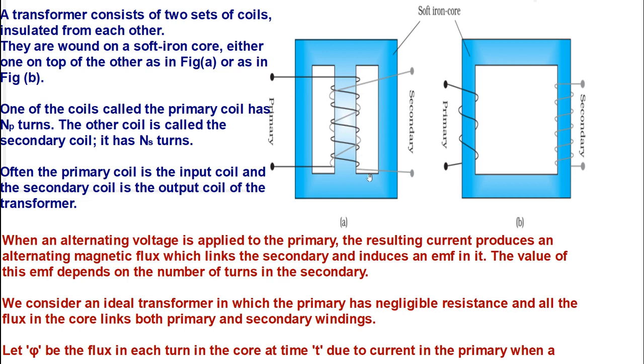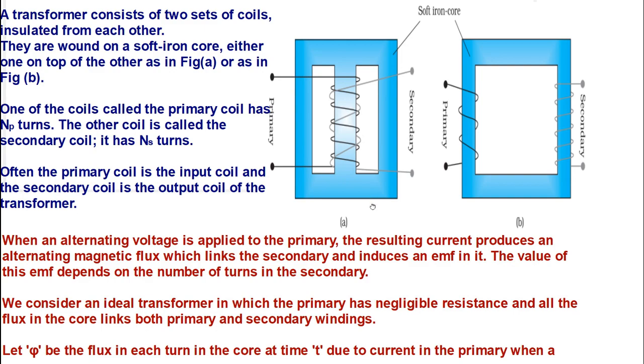If we consider an ideal transformer in which the primary has negligible resistance, in this case all the magnetic flux in the core links both primary and secondary windings.